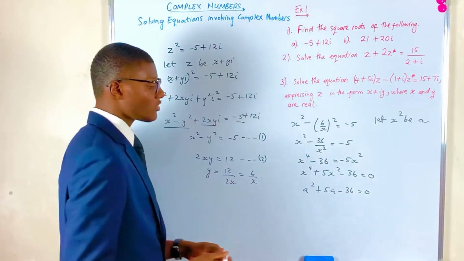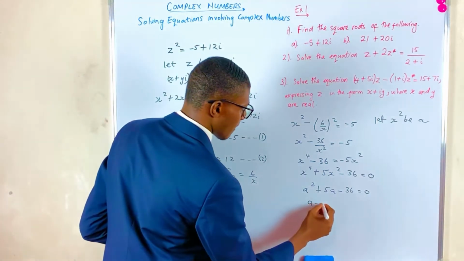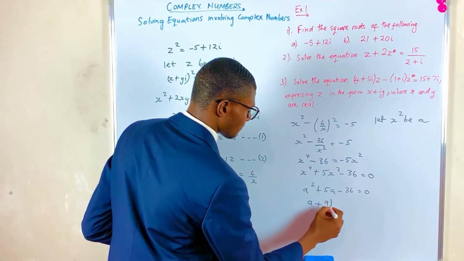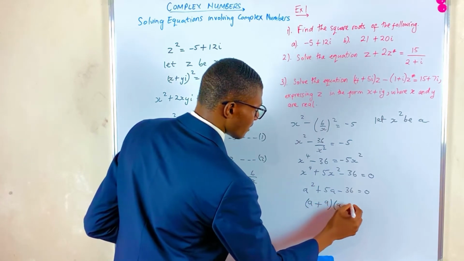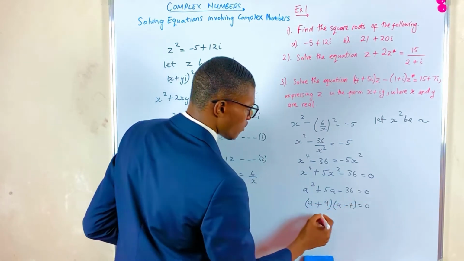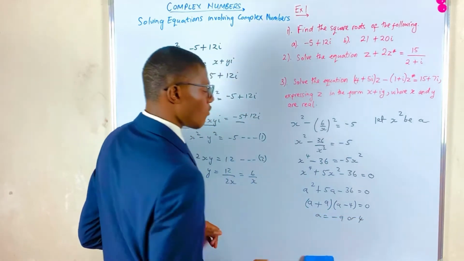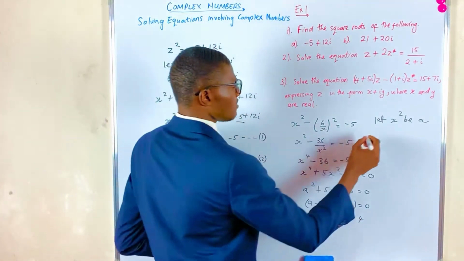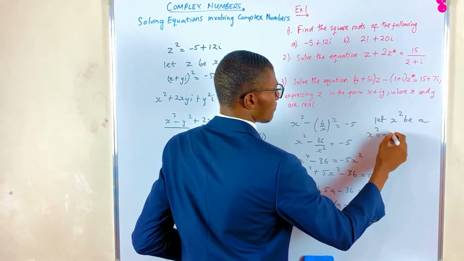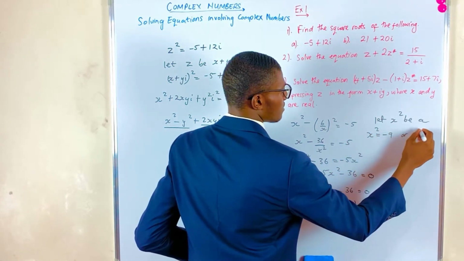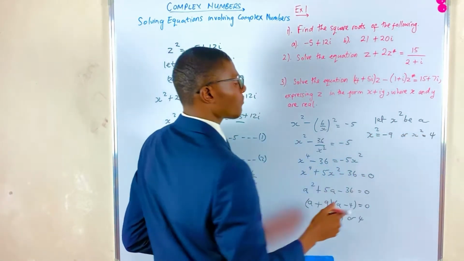And if we factorize here, we've got (a plus 9) times (a minus 4) is equal to 0, which implies that a is equal to minus 9 or 4, right? So this means x squared is equal to minus 9 or x squared is equal to 4, right?